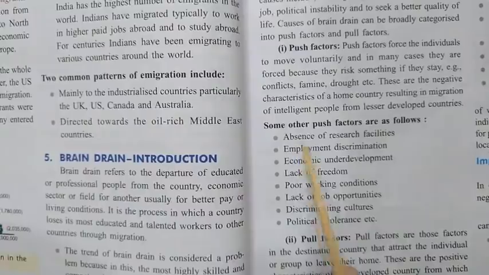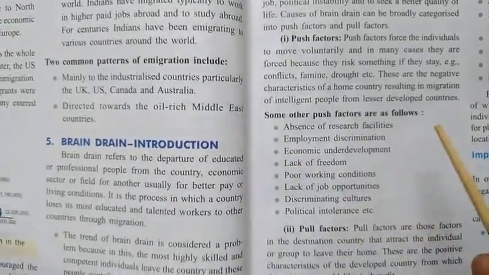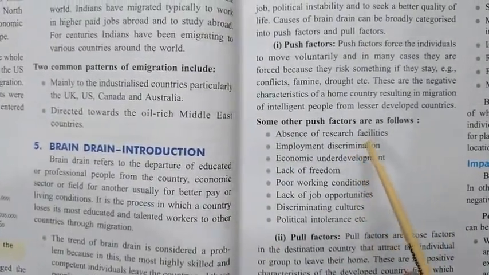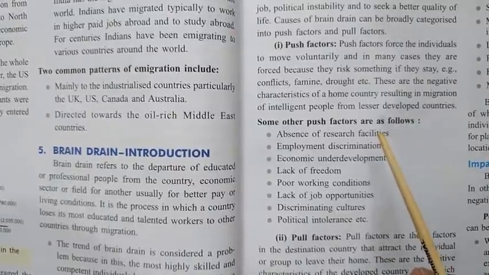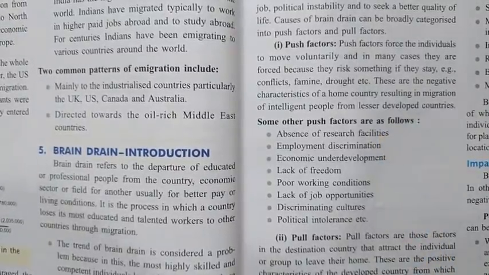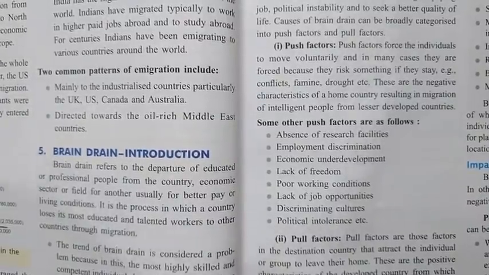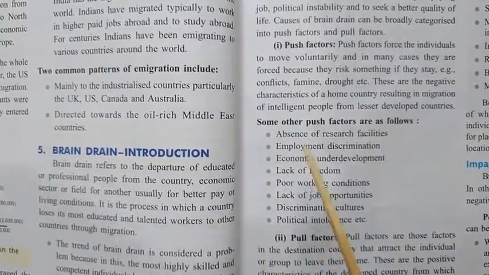Number one is the absence of research facilities. Students in India, who are genius people, when they don't get the proper research facilities here back in India, they choose to migrate to other countries because they get better facilities there.